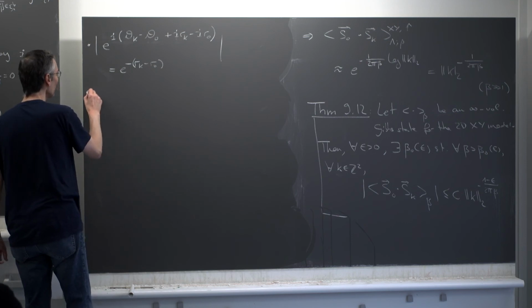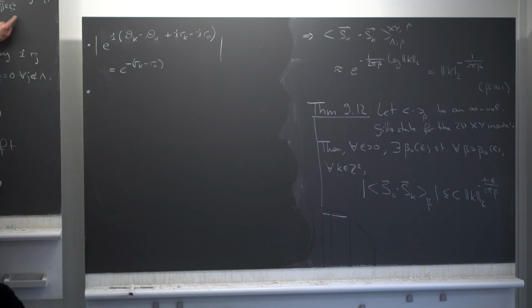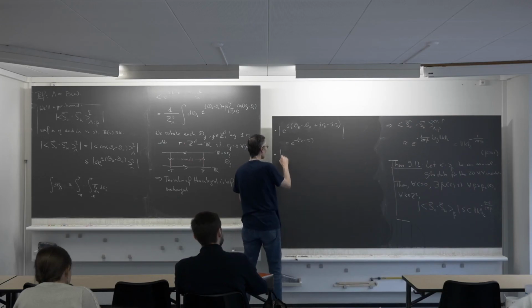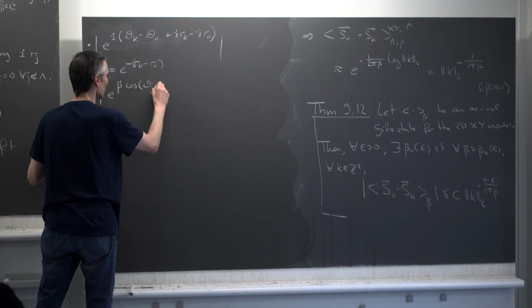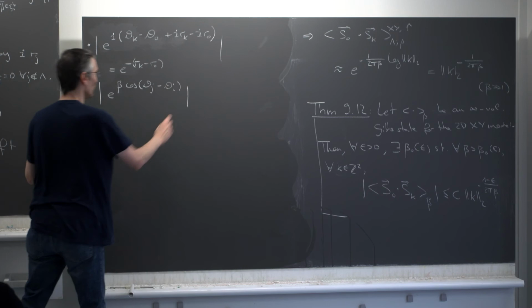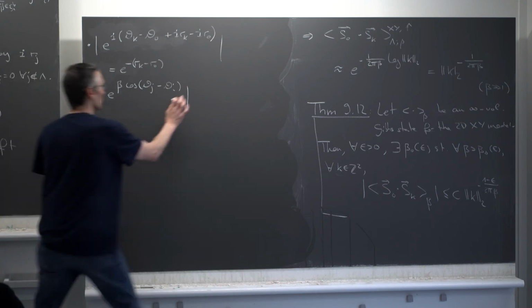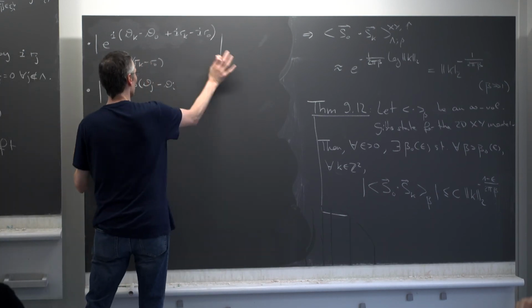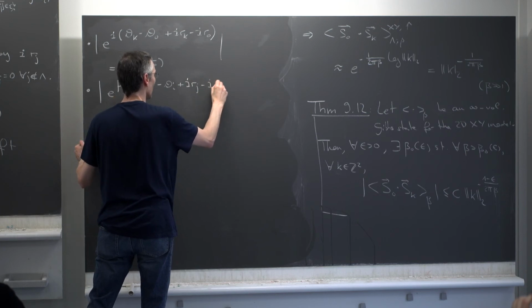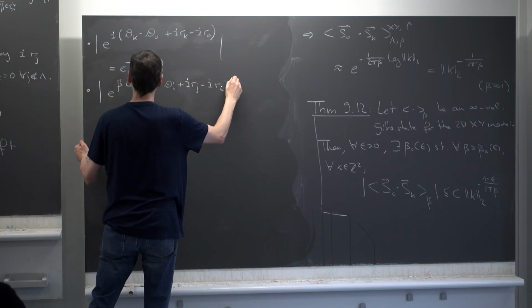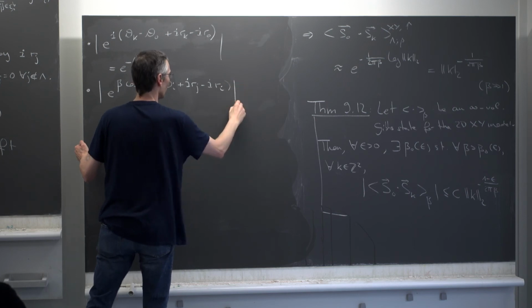The second observation is what happens with the modulus of this guy, exponential of beta, sum of the cosine. Okay? So we have the modulus of e^{β cos(θ_j − θ_i + i r_j − i r_i)}.